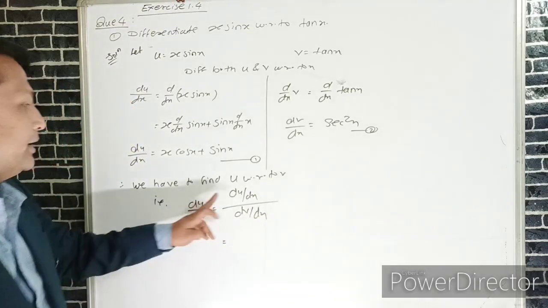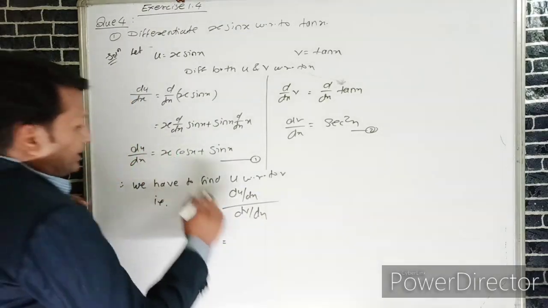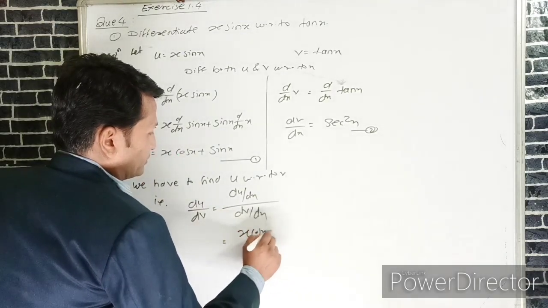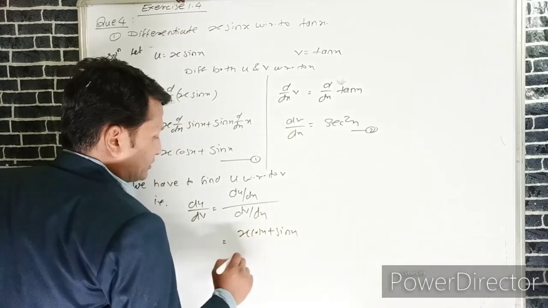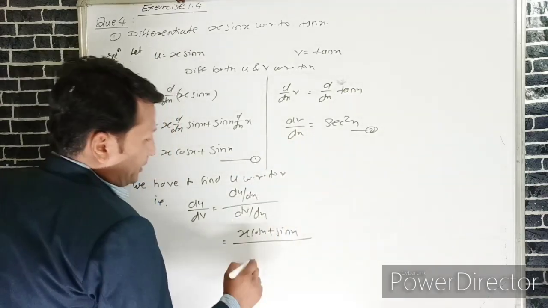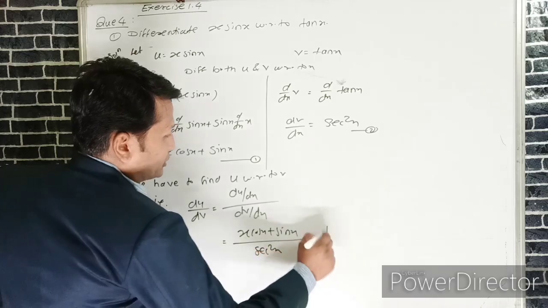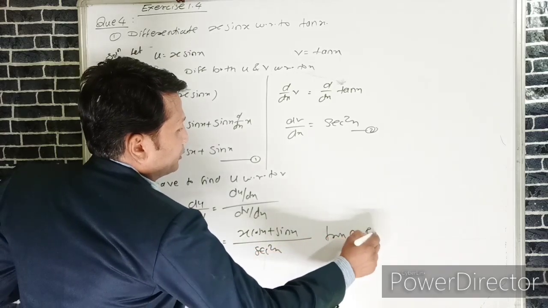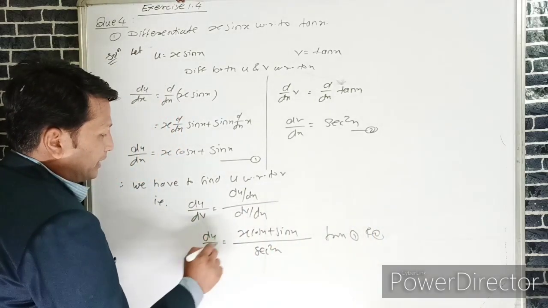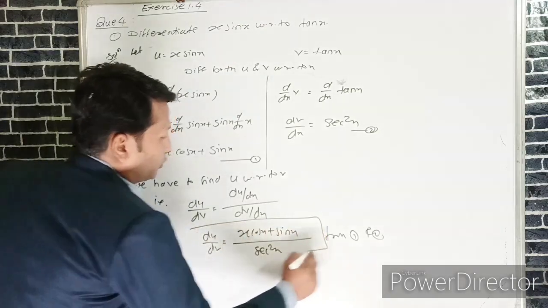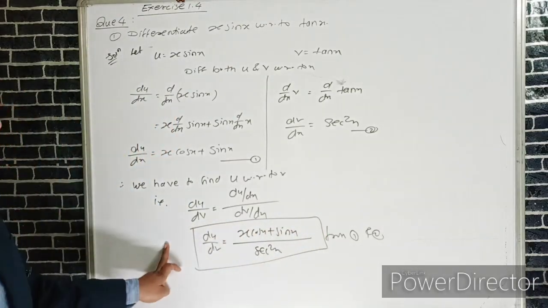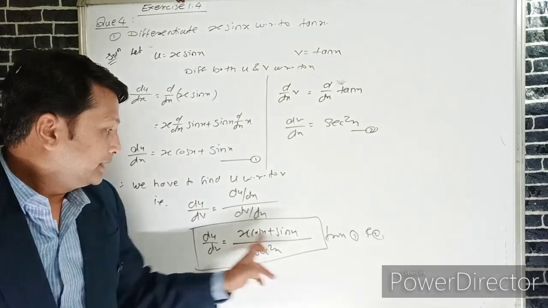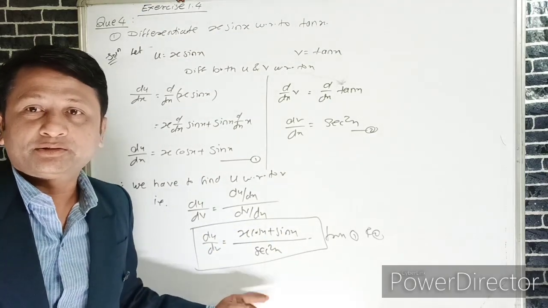We know that du upon dx means x cos x plus sin x, upon dv upon dx, which means sec square x. From 1 and 2, the required derivative of u with respect to v is x cos x plus sin x upon sec square x.